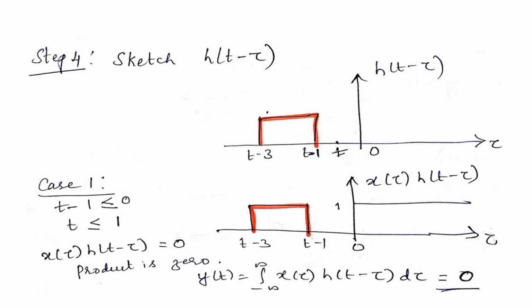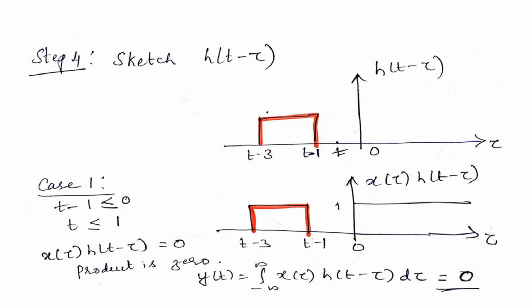So the first case is when this t minus 1 is less than 0. I'm fixing a limit because our u of tau is defined for all values of tau greater than or equal to 0. Now we are fixing a limit that this t minus 1 is any value, that is, I'm shifting, let this edge be anywhere less than 0.